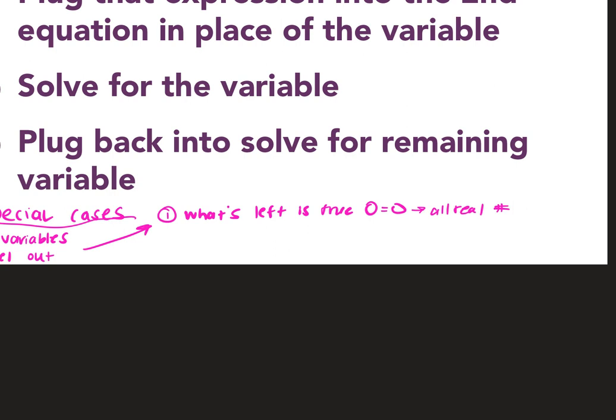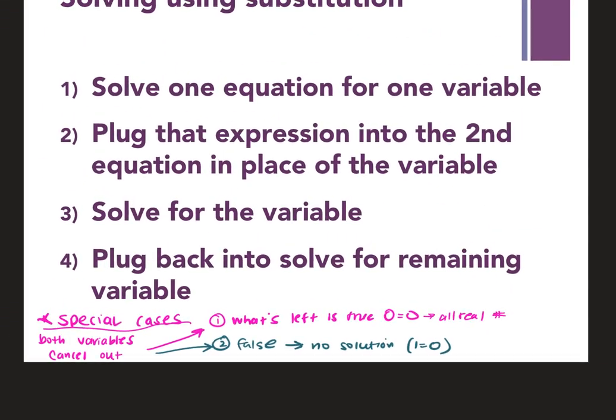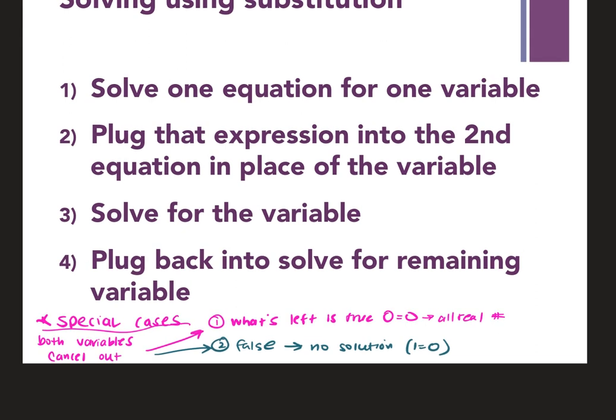If all the variables cancel out and what's left is a false statement, then it's no solution. So if I had something like 1 equals 0, obviously that's not a true statement. So that would be a no solution.